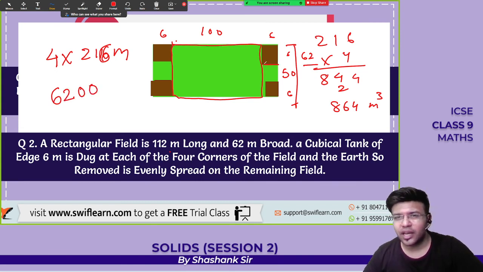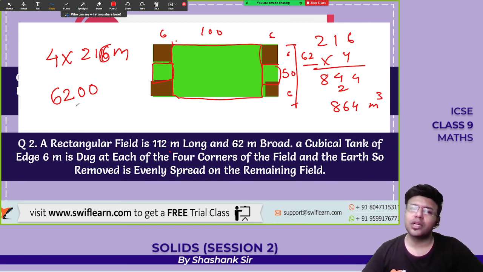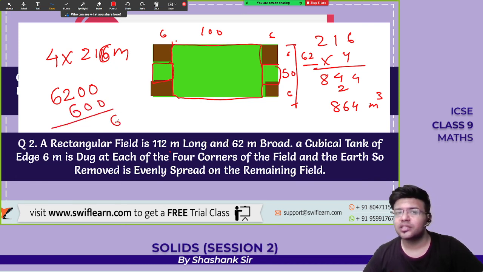This area is 50 into 6 plus 50 into 6, so it is 5 sixes are 30, 5 sixes are 30. So 300, 300, so it is 6800 square meter. This is the area.